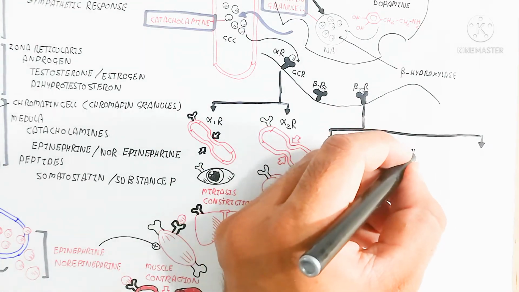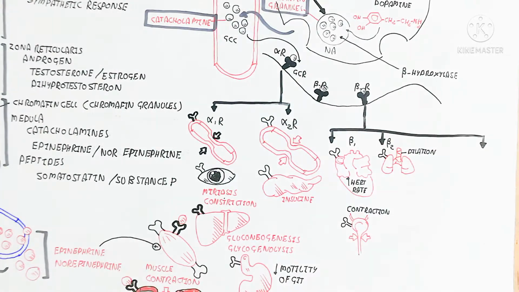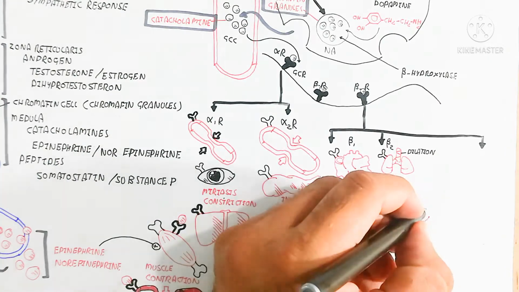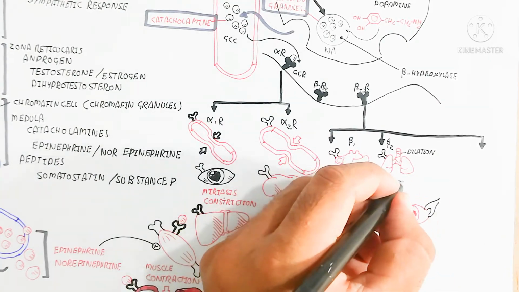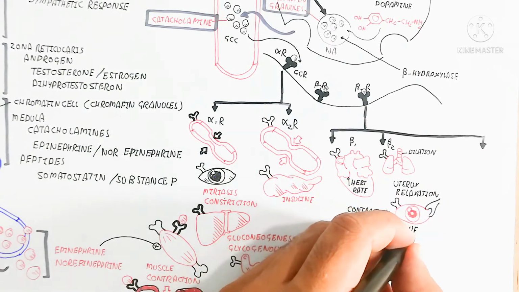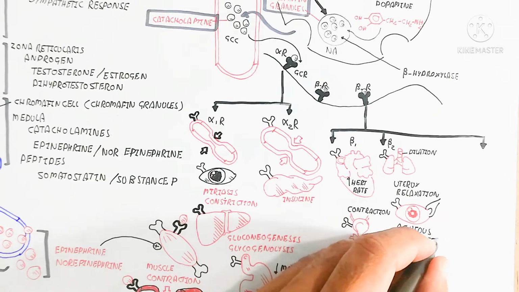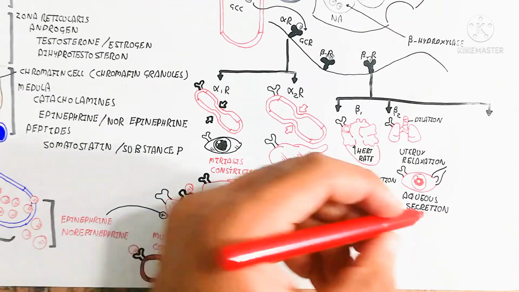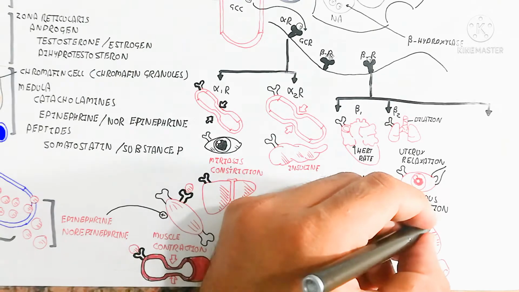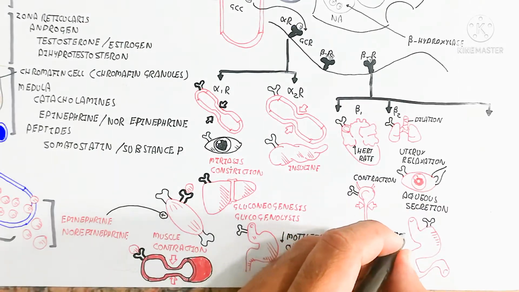It causes dilation of the trachea for increased breathing, and uterus relaxation also. Aqueous secretion is produced from the lacrimal gland, which produces the lysozyme enzyme, for lubrication and as an antibacterial. The decrease of gut motility is the same as with the alpha receptor.